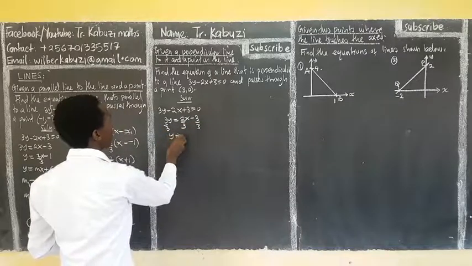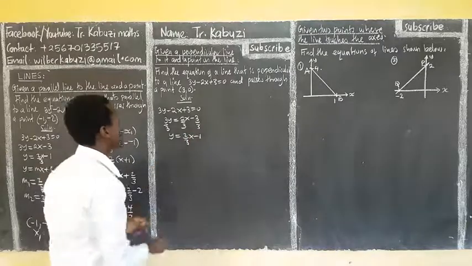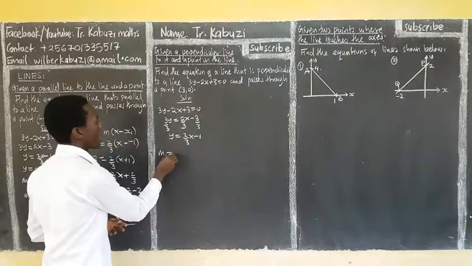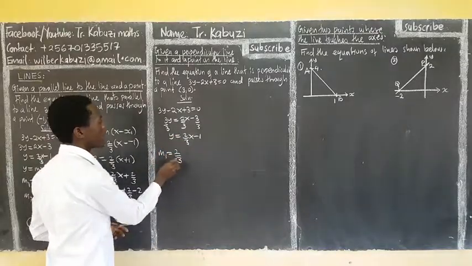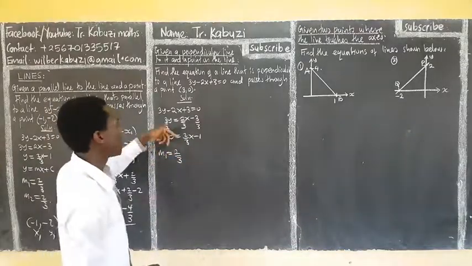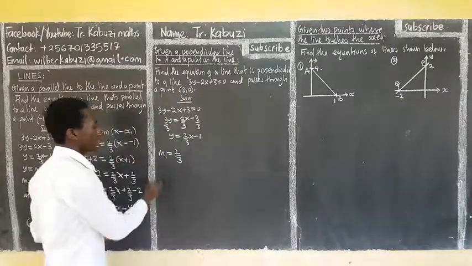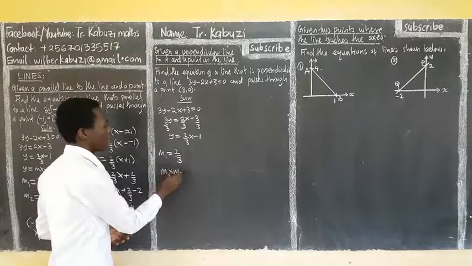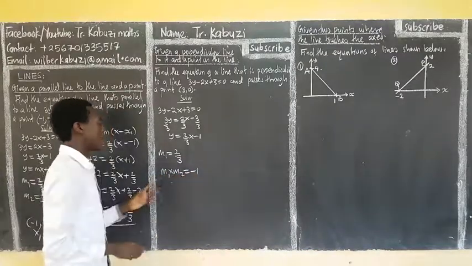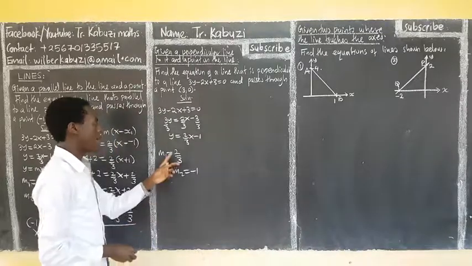So I have my y equals 2 over 3 x, now minus 1. Now if we compare, m1, the gradient, is 2 over 3. But remember, the line we want to find is perpendicular to it. Meaning that our m2, we know that if two lines are perpendicular, then the product of their gradients is equal to negative 1. What is our m2?